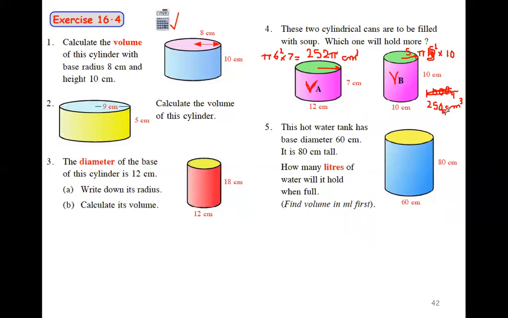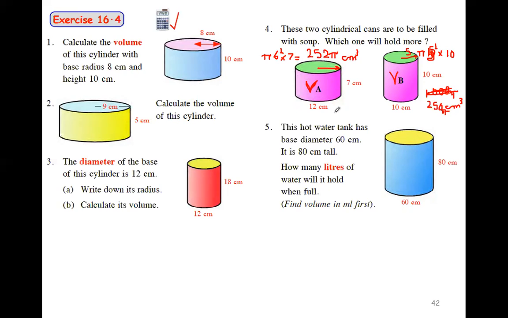Remember, what you're trying to do is get as much information as you can, and once you've got it, make a conclusion based on that information, and that's enough. It's very tempting to go, I'm going to do all my calculation, but I can see straight away 252 times 3.14 is bigger than 250 times 3.14.